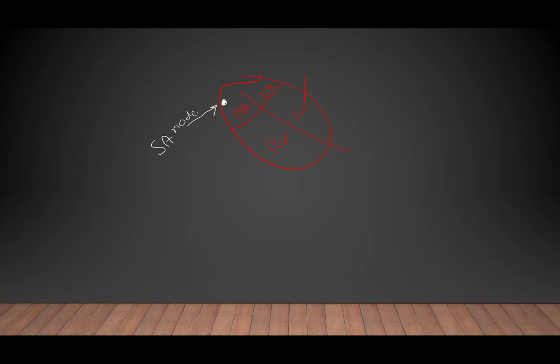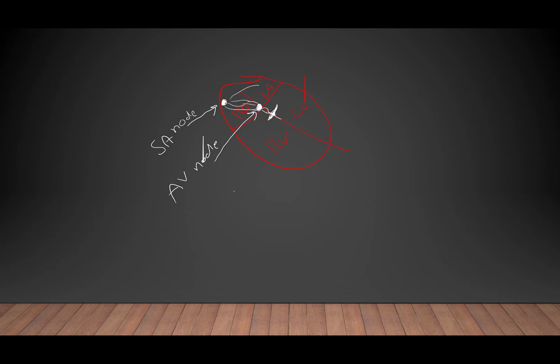The electrical impulse travels from the SA node to the AV node. Here this is another node called the AV node. The impulse is slowed down for a very short period, then continues down the conduction pathway via the bundle of His into the ventricle. This is the bundle of His.